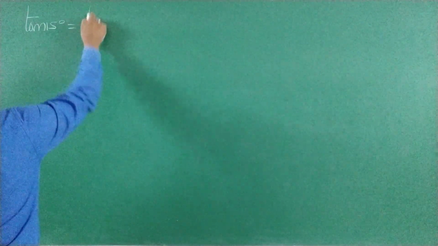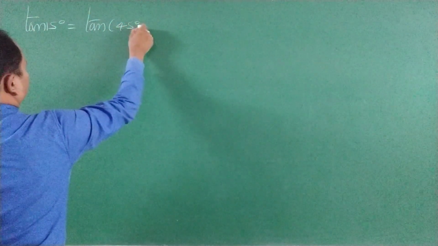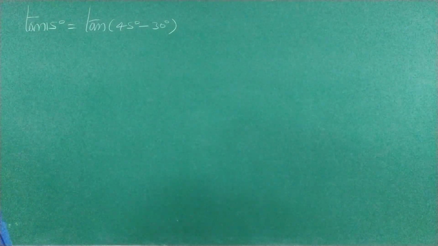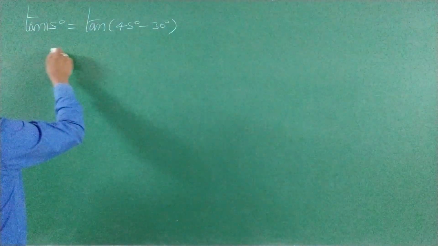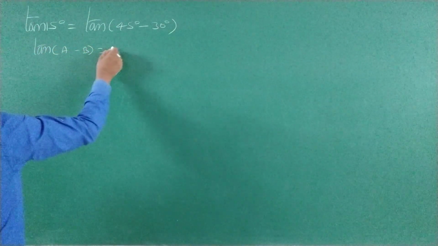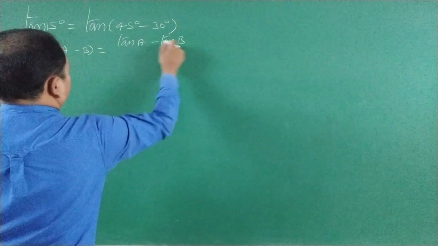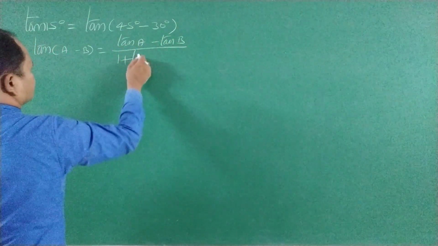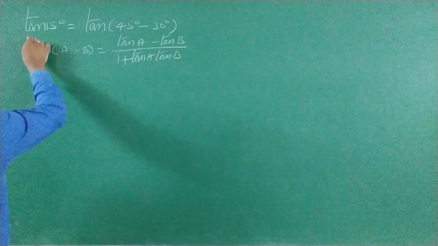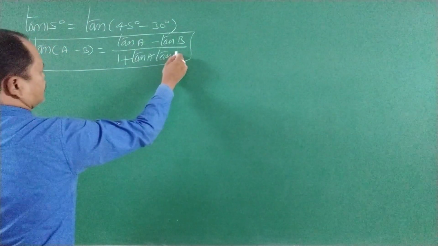Tan 15 can be written as tan of 45 minus 30. Now we have to write the formula: tan(A minus B) is tan A minus tan B by 1 plus tan A into tan B. With the help of this formula, we derive tan 15 degrees.